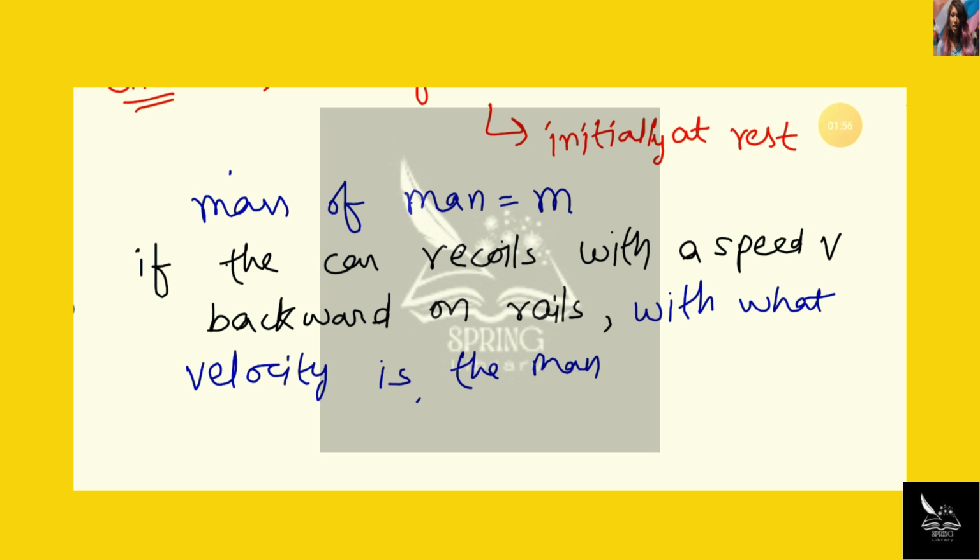So here we have to find the velocity of the man which is approaching the engine. So this question is given. Now let's start answering this question.